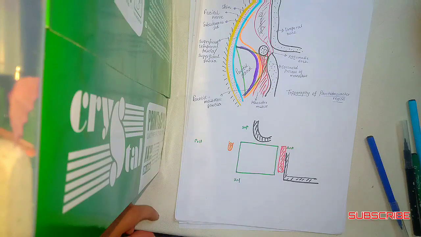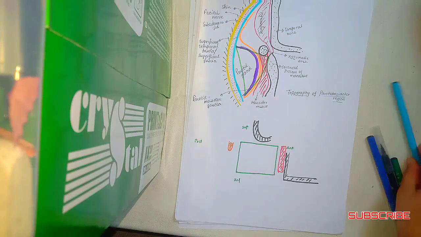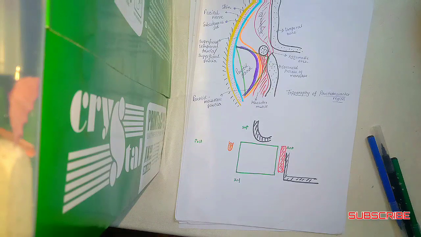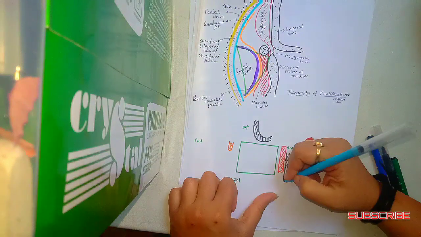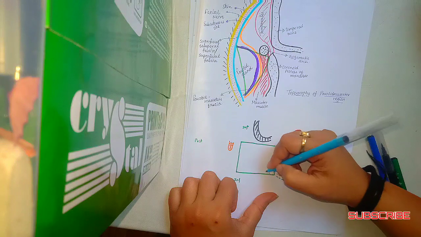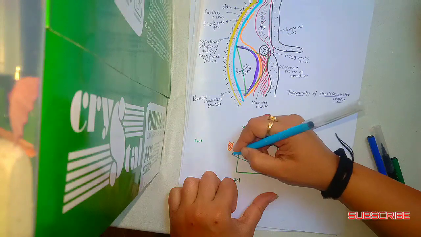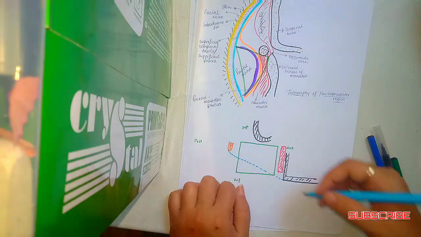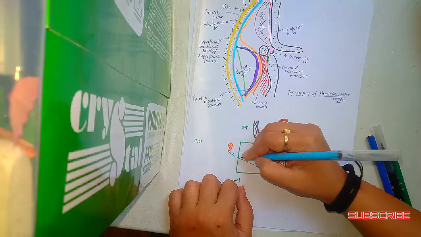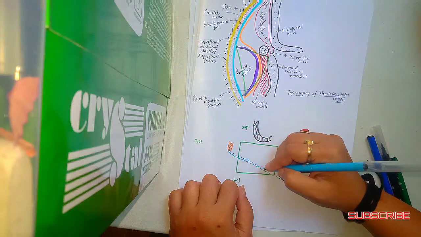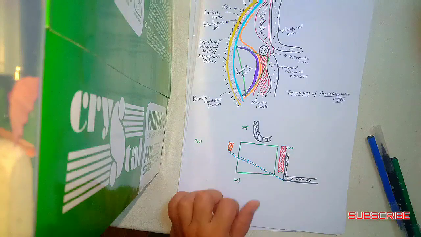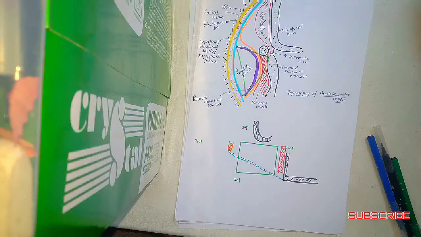So we have an imaginary line here from the angle of the mandible to the apex of the mastoid, like this. So this is the part of the posterior border.